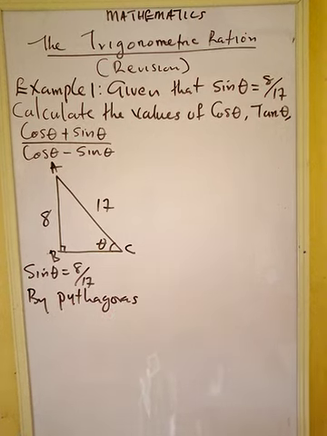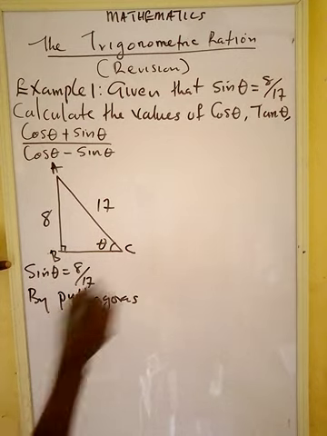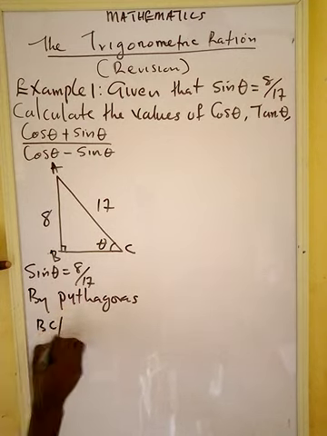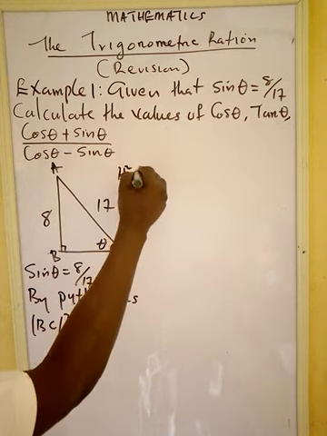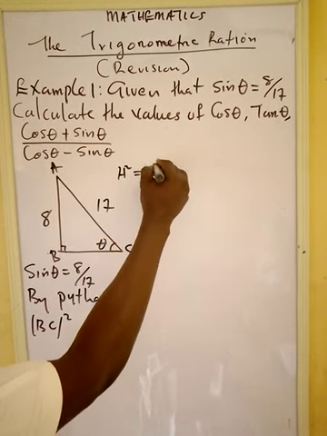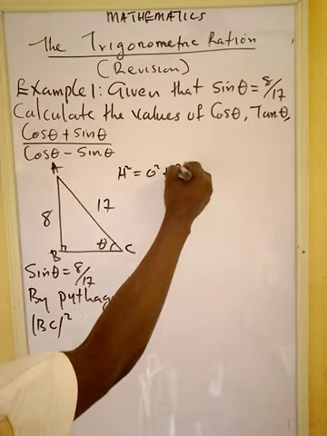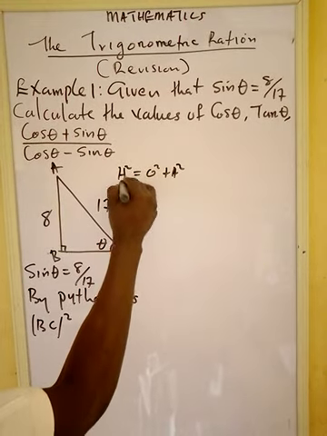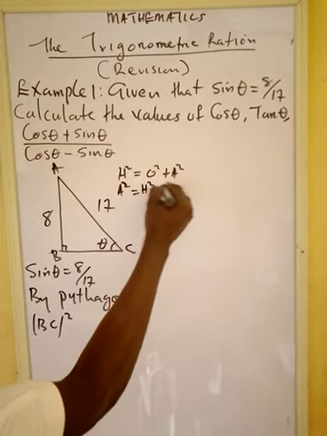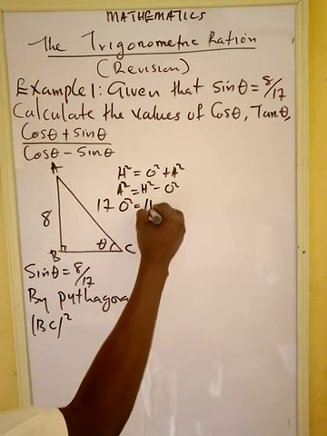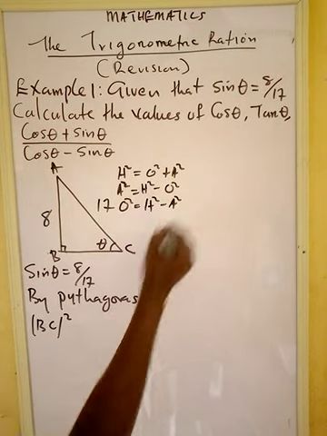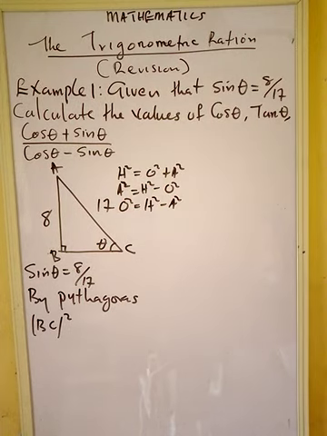By Pythagoras theorem, hypotenuse squared equals opposite squared plus adjacent squared. Then adjacent squared equals hypotenuse squared minus opposite squared, and opposite squared equals hypotenuse squared minus adjacent squared. That is the formula for Pythagoras theorem.